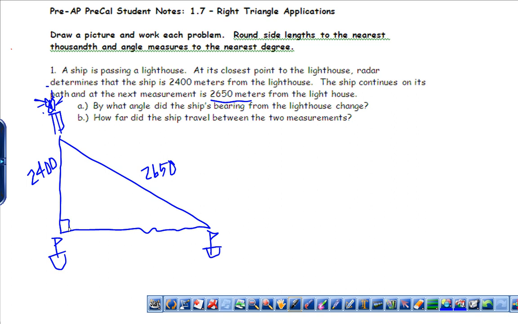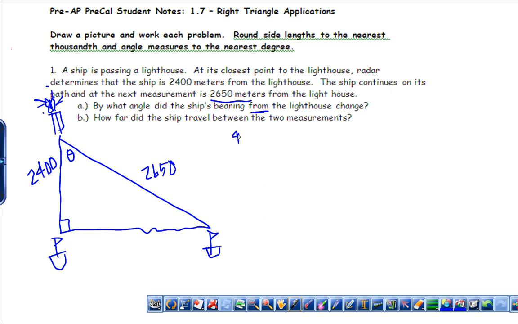A says, by what angle did the ship's bearing from the lighthouse change? So I'm going to go from the lighthouse and put a theta. So from this, how did the bearing change? Basically I want to know this angle.